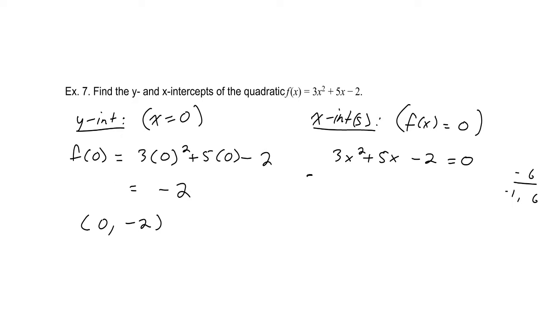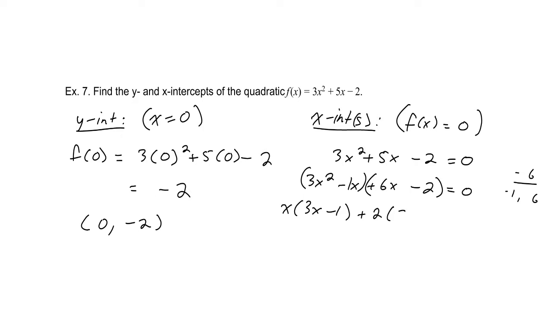Alright, so 3x squared minus x plus 6x minus 2, factoring by grouping, that would be an x, 3x minus 1, factoring out a 2, 3x minus 1. This would mean that 3x minus 1 times x plus 2 equals 0.